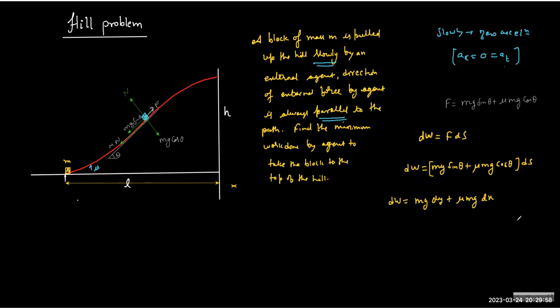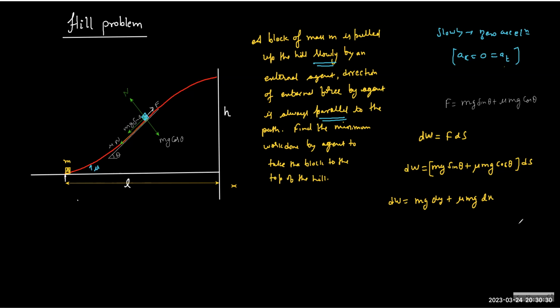So do you realize this part? The answer has nothing to do with the path. Of course, what it depends on is the x displacement and the y displacement. What is also interesting to realize is that work done by gravity depends on the y, and work done by friction only depends, in this case, on the x component or x displacement.